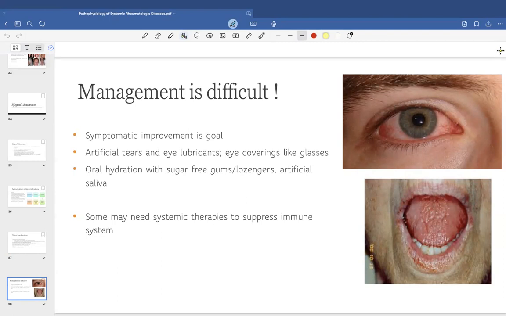But now we do have some systemic therapies, which Dr. Noel will go over, which can be very, very helpful. But yes, you can see the redness in the eyes as a result of just being dry and not having that lubrication, and the mouth.